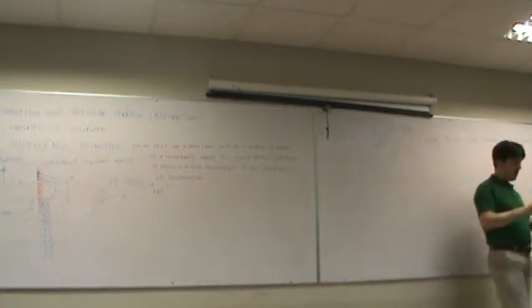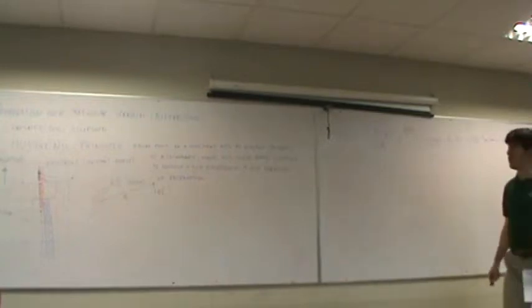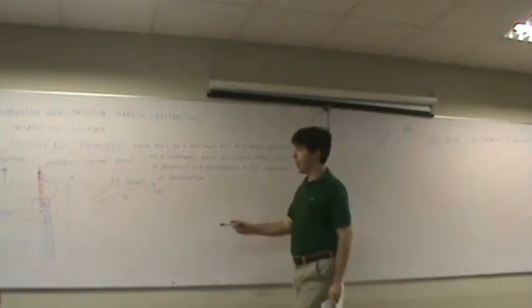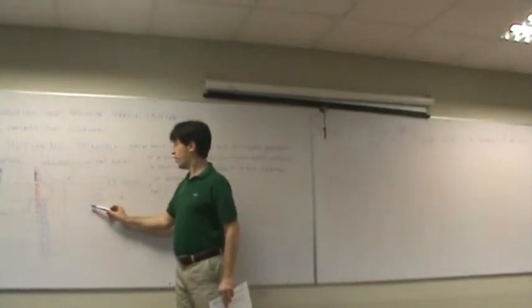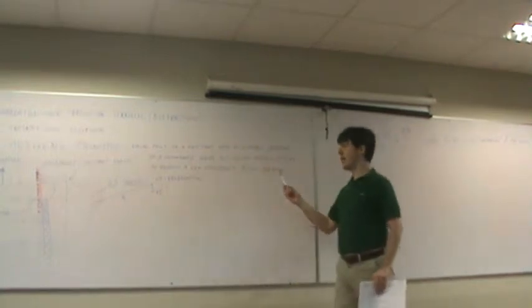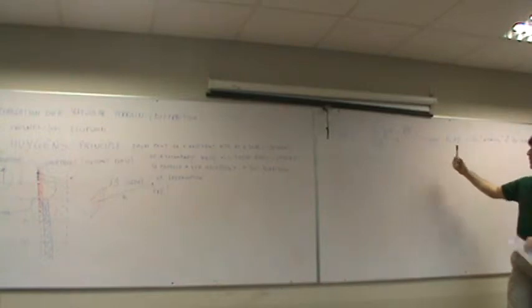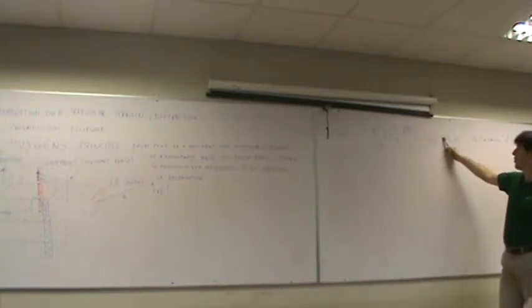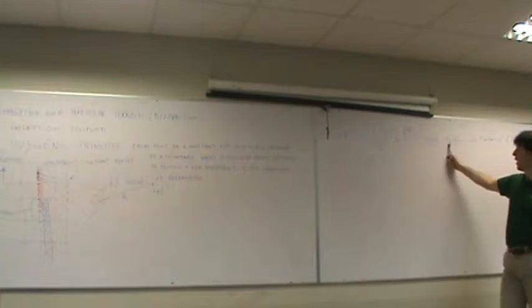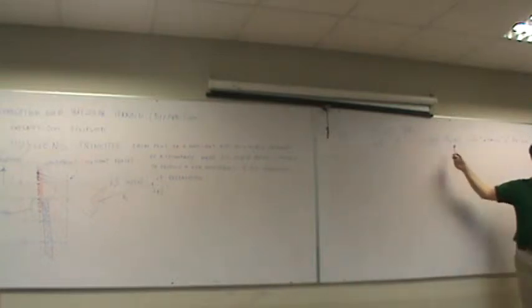What does this mean? This means that the contribution due to these small elements depends on how big the element, the area, is. The larger the element, the stronger the contribution. And obviously it depends on the amplitude of the incident electric field.